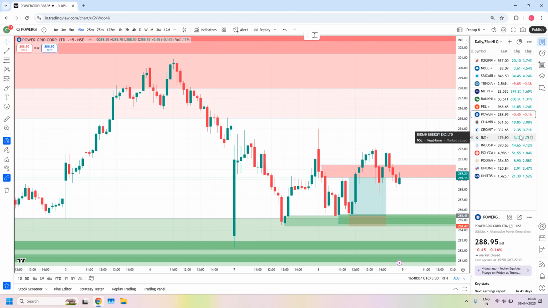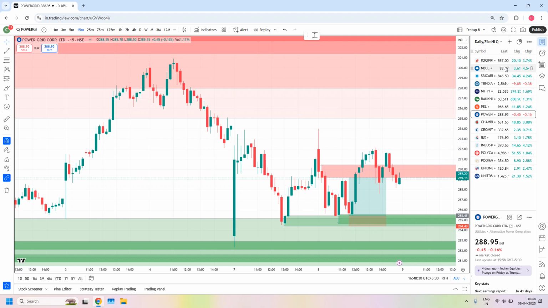High probability means they have higher chances of working. It doesn't mean, see, it's a probability game. Sometimes probabilities also will fail. But the majority of the times, these high probability trade setups give us good success. There are times they will also be violated when the overall market situation is not good. But in the remaining situations, they are giving good profits.